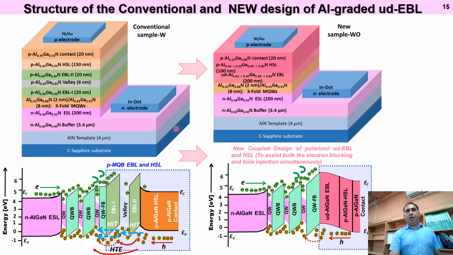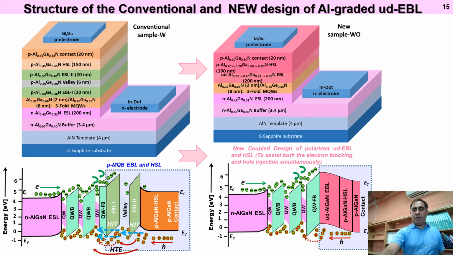Here is the new architecture and design of the UVB LED. This is the conventional one, and this is the new. We replaced the multi-quantum barrier electron-blocking layer with the new design, where we introduced a graded aluminum gallium nitride EBL without doping, and then a magnesium-doped p-AlGaN hole source layer.